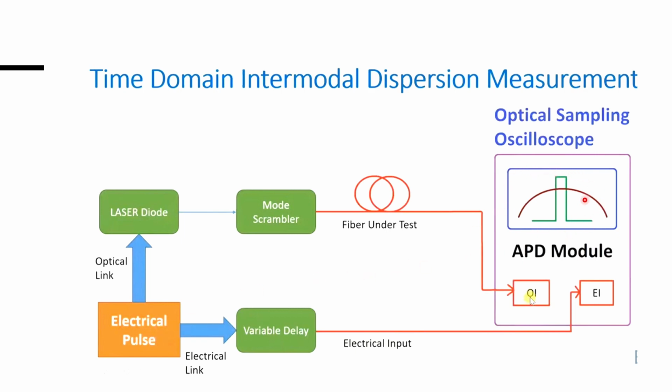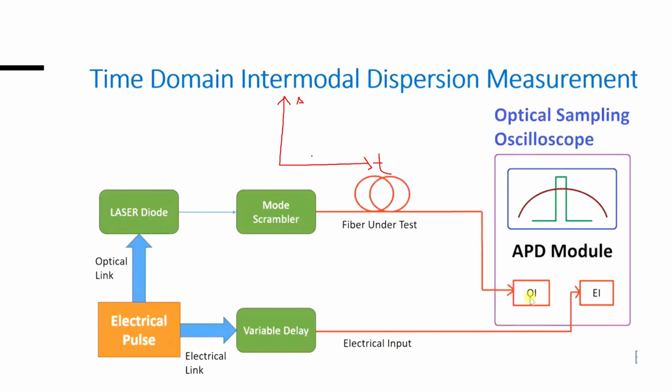So if we draw the graph of the time domain intermodal dispersion, it will look like this. This is the y-axis and this is the x-axis. On y-axis we will have the amplitude, and on x-axis we have the time domain.